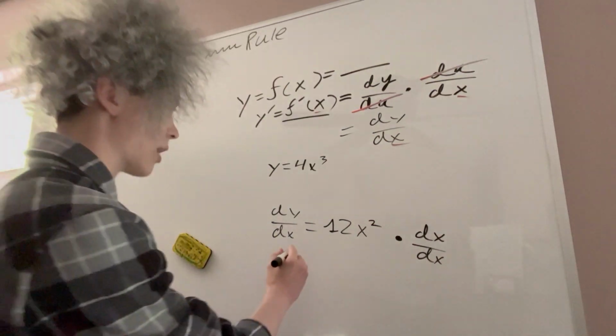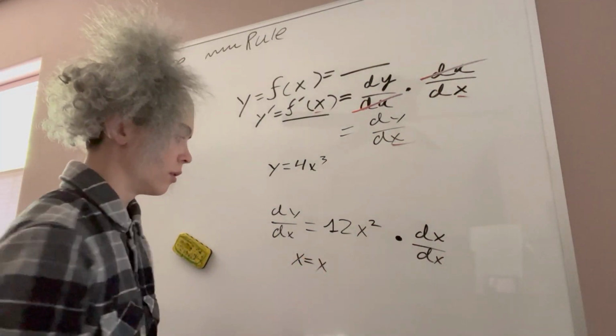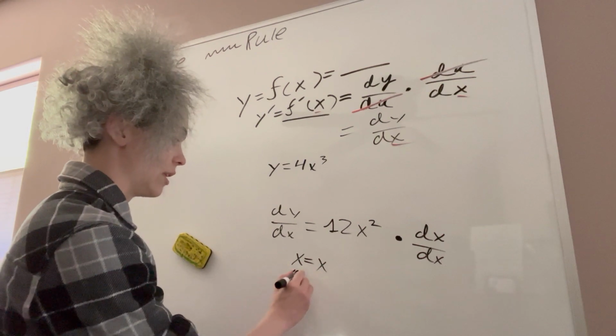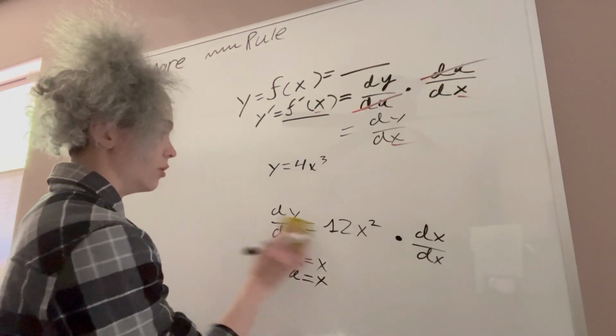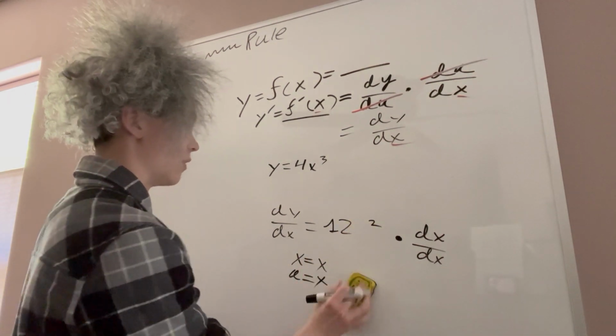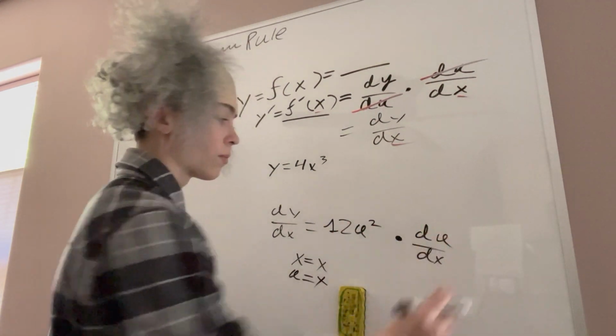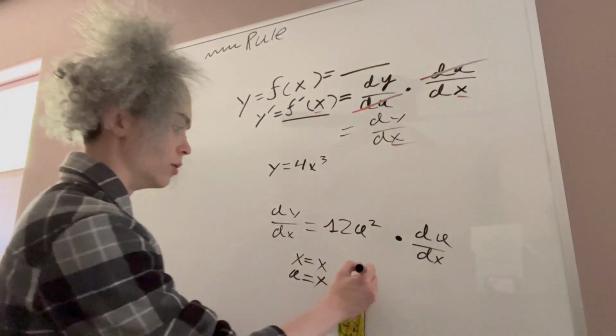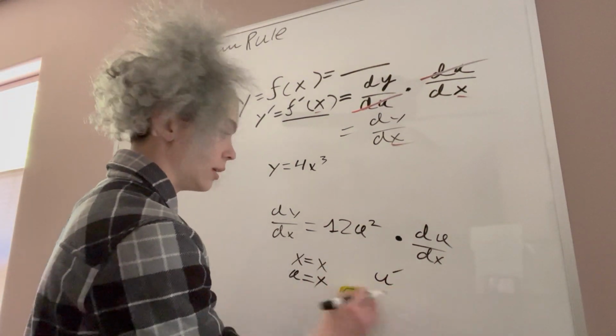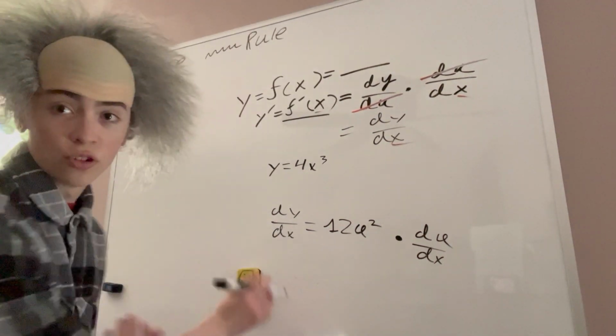We're just saying x equals x, or you could say u equals x. Then with the u substitution, that's 12u squared times du dx, but du dx, the derivative of u, is just equal to 1.